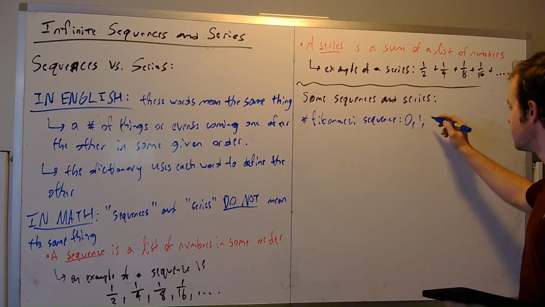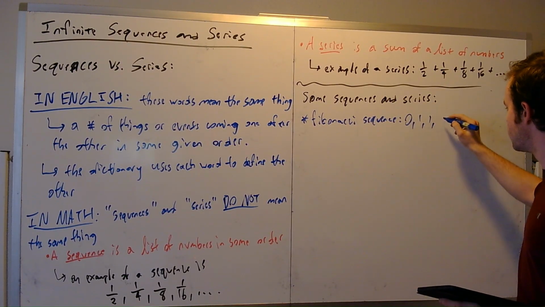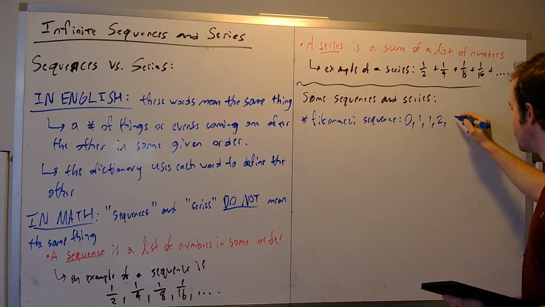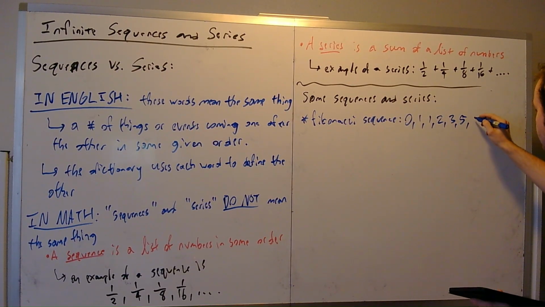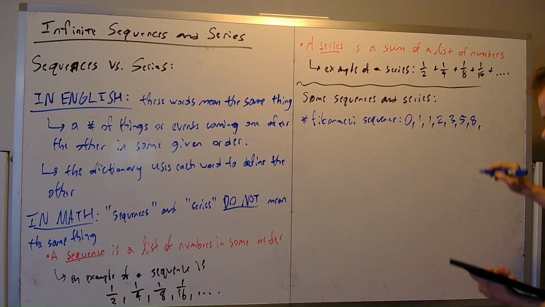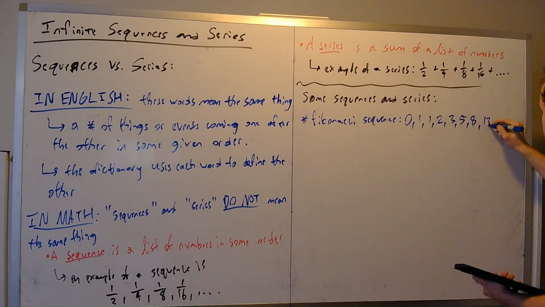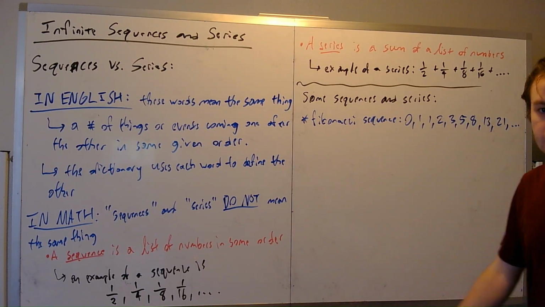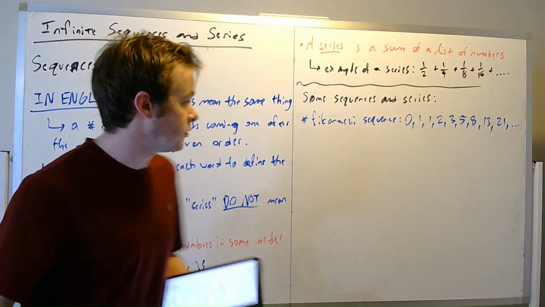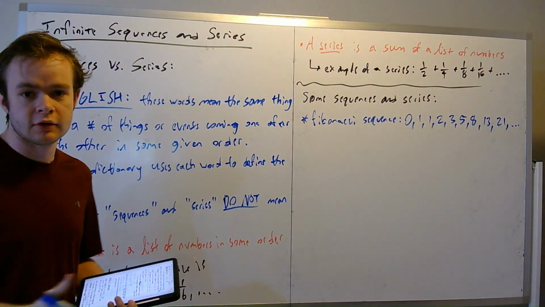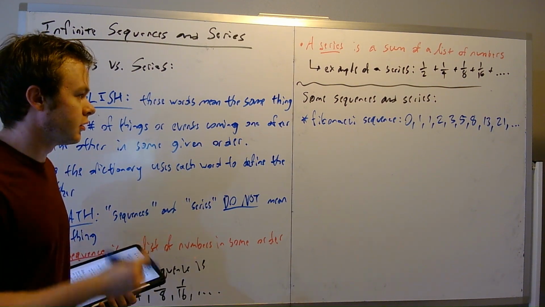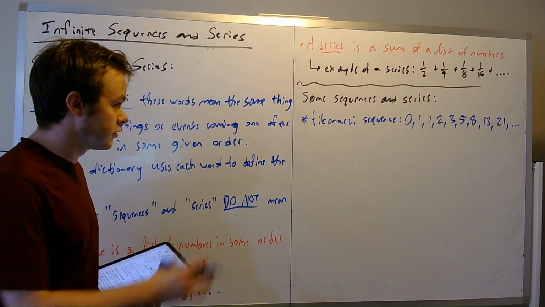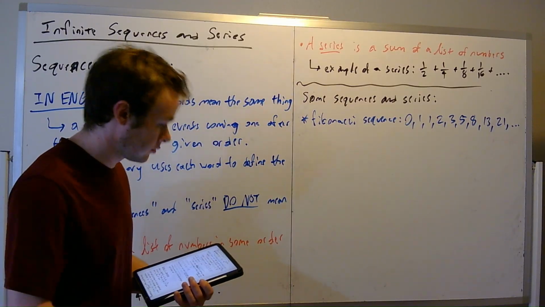So 0 plus 1, that's 1. 1 plus 1, that's 2. 2 plus 1, that's 3. 2 plus 3, that's 5. 3 plus 5, that's 8. 8 plus 5, that's going to be 13. 13 plus 8, that's 21. And you just keep going, right? So that's how we define the Fibonacci sequence. It's just this infinite list of numbers where you're adding the previous two numbers together to get the next number. Okay, so that's a sequence because it's just a list of numbers.